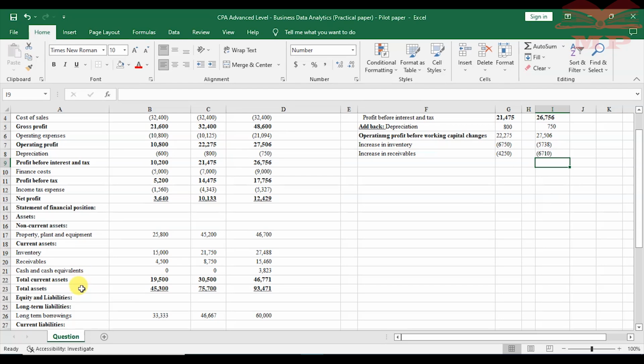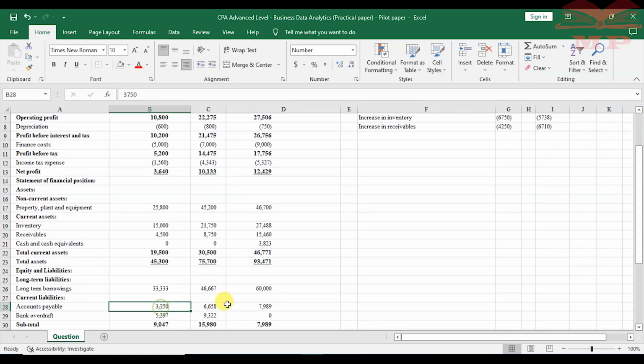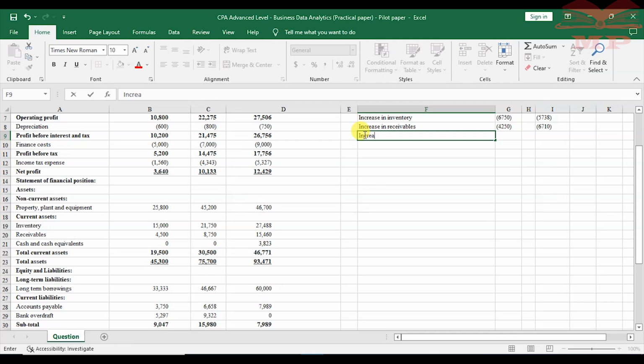Then we look at payables. Payables, they are also increasing. So increase in payables. Remember, increase in payables are inflows and not outflows. So increase in payables, it means you've received more money or you went and purchased goods on credit. So that one is treated as an inflow.